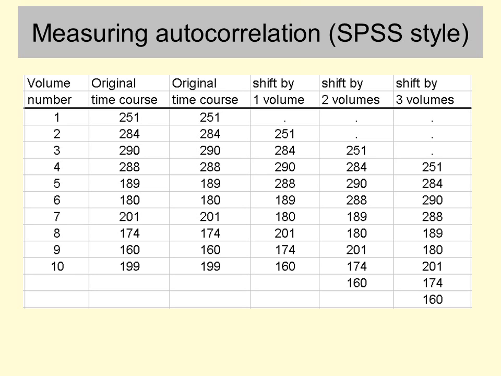Here's your volume numbers down here, the original time course of image intensities. Of course, if you just correlate it with itself here, it will have a correlation of 1. Shifted by one volume, because we now don't have a data point to correlate with volume 1, but you can see this is all shifted down by 1. This is shifted down, the next column is shifted down by 2, etc.